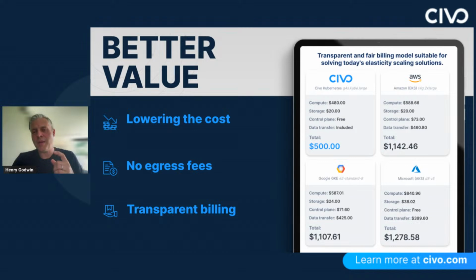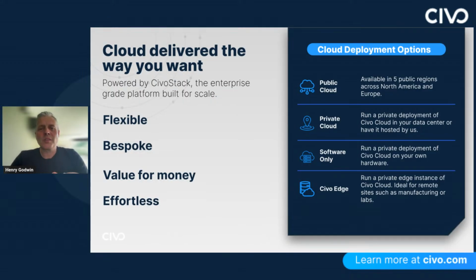So I mentioned at the beginning of this conversation that we're talking about clouds: private, on-prem, public. It's worth pointing out that Civo, having built the enterprise stack to run across all of those formats, is in a position to provide a cloud that you want. Flexible, bespoke, value for money, and effortless, but across public clouds, across the 5 available public regions in North America and Europe.